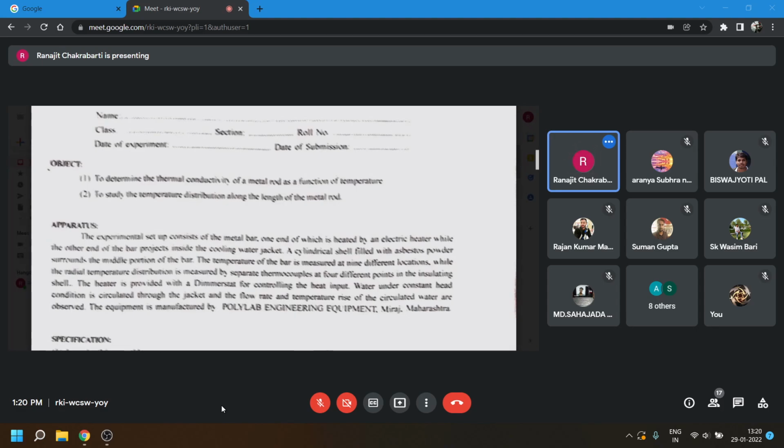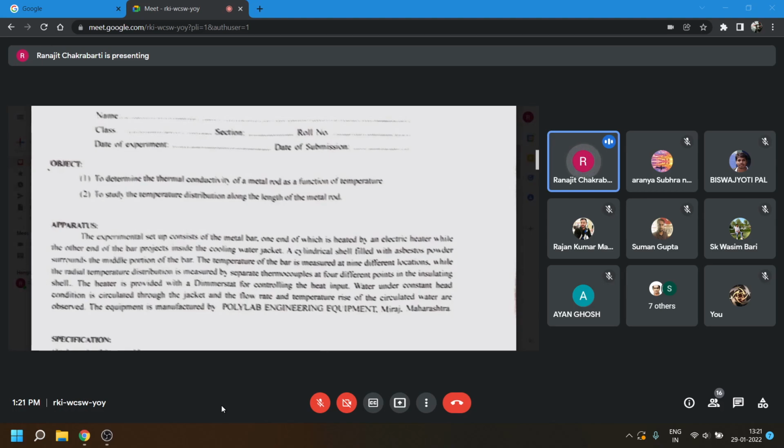That is our experiment. That is the first objective, to determine the thermal conductivity of a metal rod as a function of temperature. For that, we simply take a rod, heat one end, and keep the other end cooler, so that heat flows and the temperature changes from section to section. From section to section, we find the thermal conductivity.